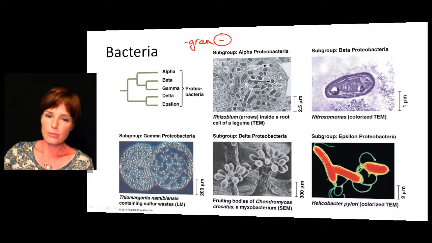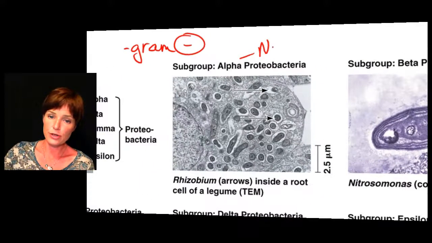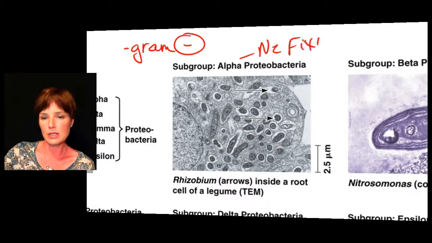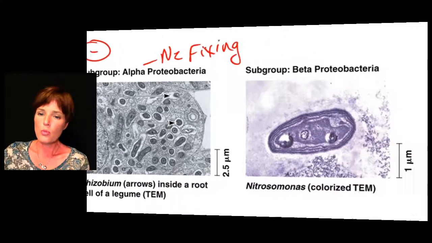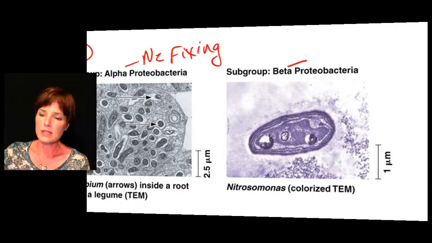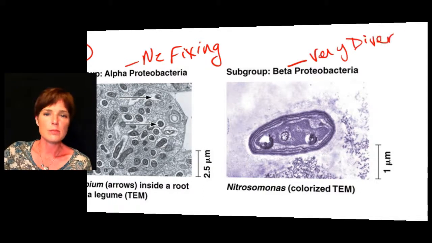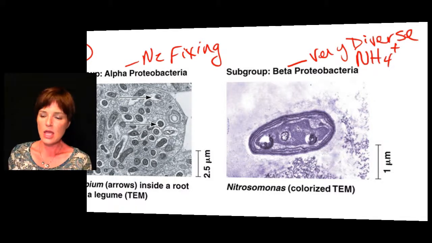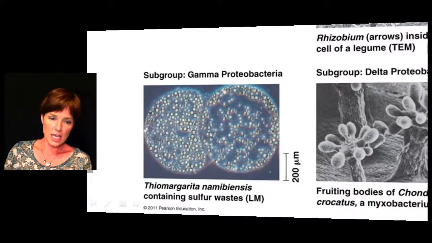The alpha proteobacteria, these are known for their nitrogen fixing capabilities. When we're talking about the betas, these are very diverse with their metabolism, but they're better known for their ability to oxidize ammonia gas. We can also talk about the gamma ones.